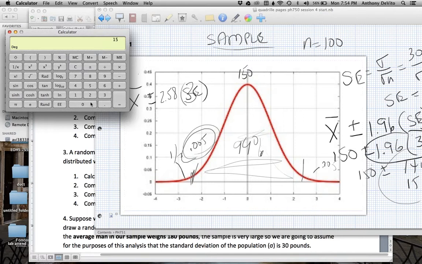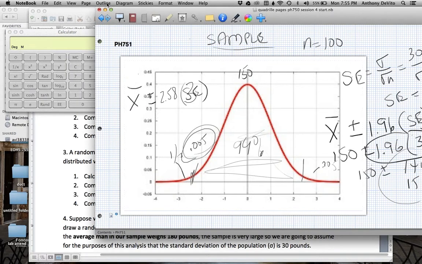My mean was 150 minus that margin of error, which is 142.26, to 150 plus the margin of error, which is 157.74. I added and subtracted the margin of error from our calculated mean from our sample. Not real hard, right?